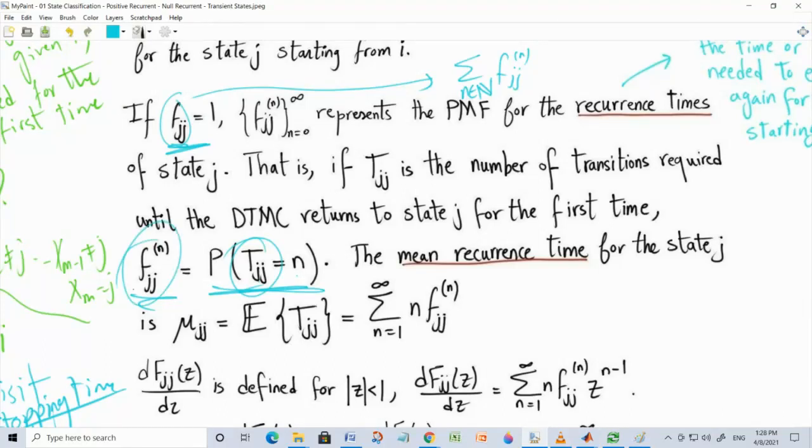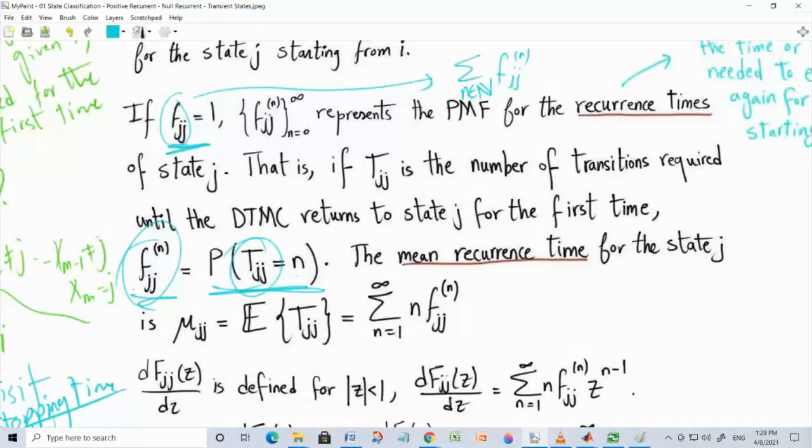And their summation, do you expect their summation to be exactly 1? It may be 1, which tells you that state J is guaranteed, so almost surely it will be visited from state J in some finite number of steps.